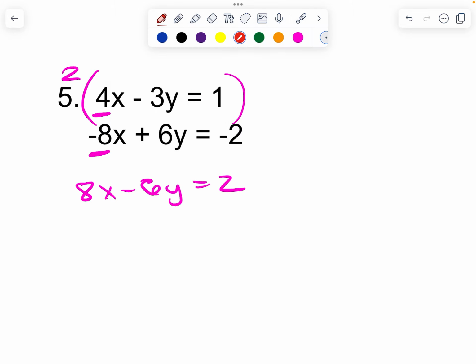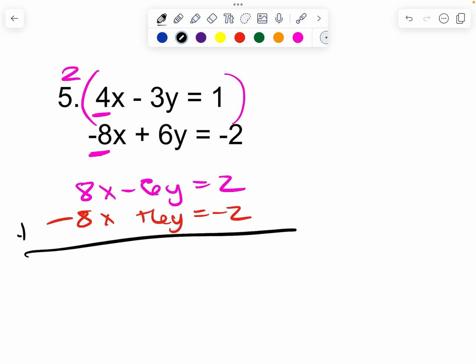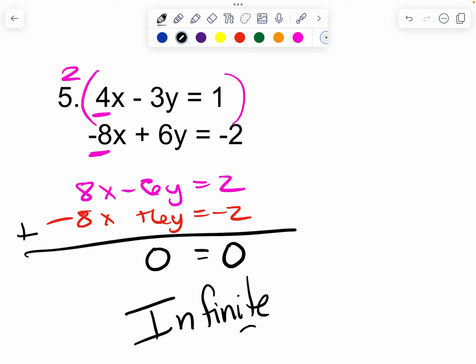Oops, sorry about that. I get -8x plus 6y equals -2. Add straight down. Oh, look at this. The left-hand side turns to 0. Both of those variables go away. Oh, look at that. That means that this is infinite solutions.